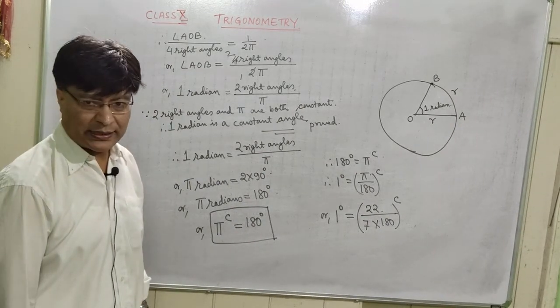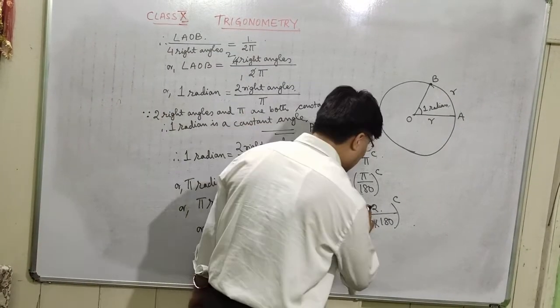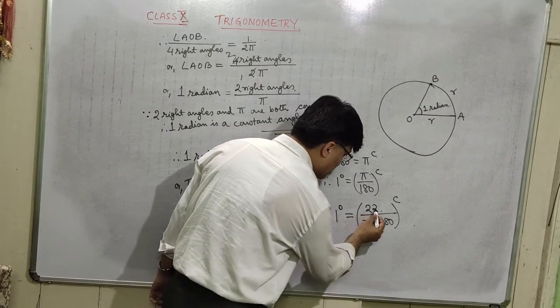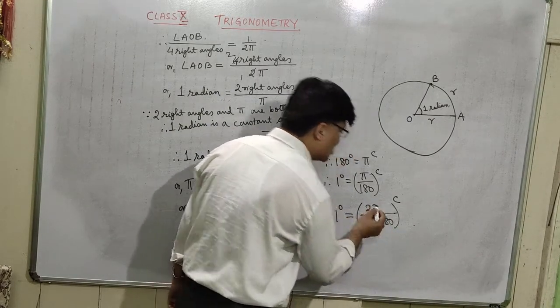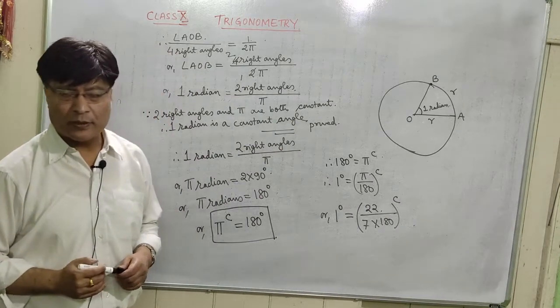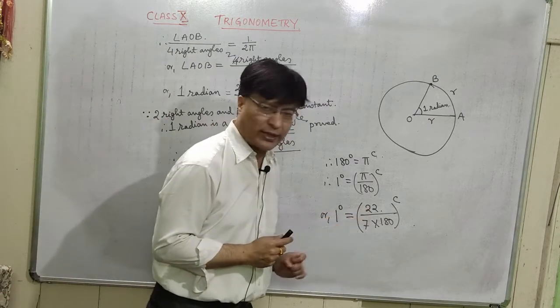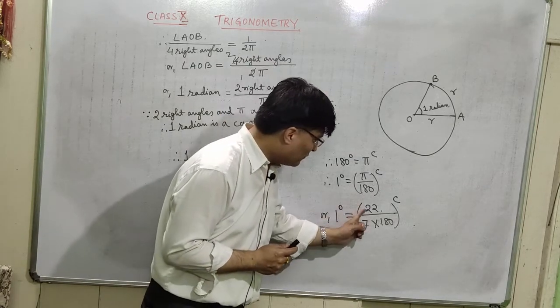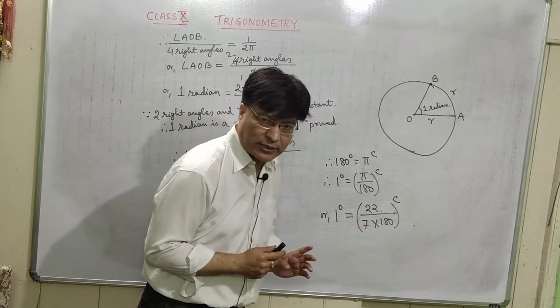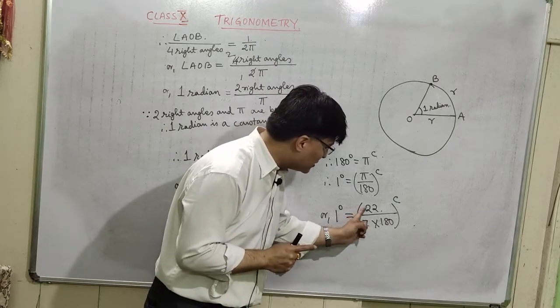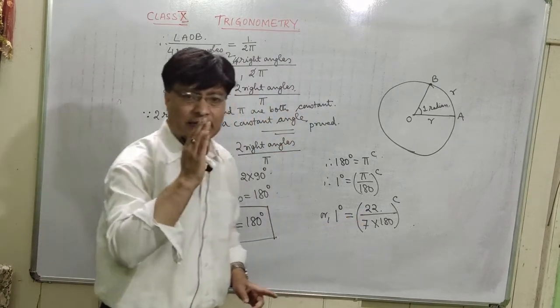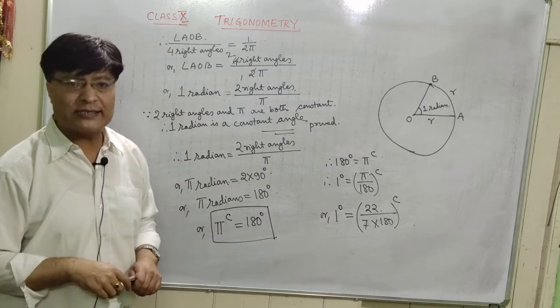180 c. Okay. So now in this case, 22 divided by 7 into 180 is always less than 1, isn't it? Whenever the denominator is greater than the numerator, or the numerator is less than the denominator, that fraction is always less than 1.